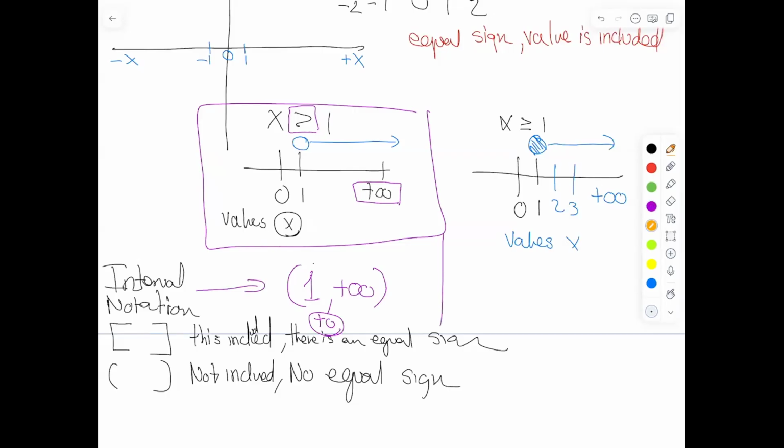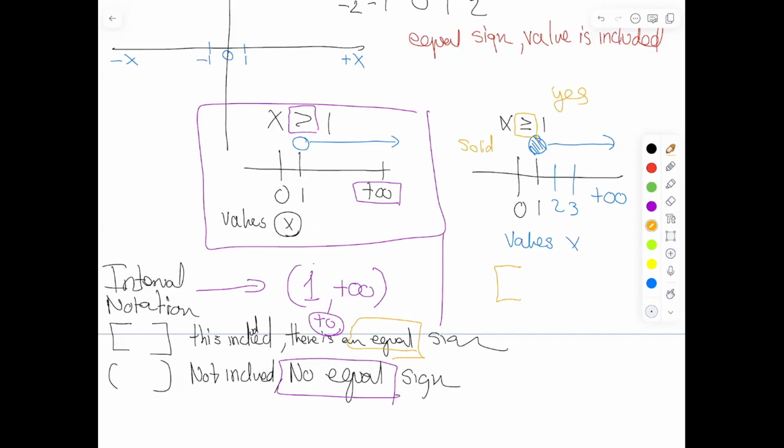Now, for the right one, do I have an equal sign? The answer is yes. If I have an equal sign, then it is solid. If it's solid, then I have a bracket, not a parentheses, because it needs to have an equal sign. If it doesn't have an equal sign, it's going to be a parentheses. But it has an equal sign, so it's a bracket.